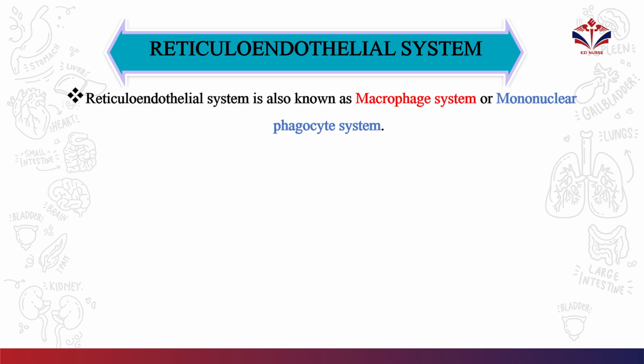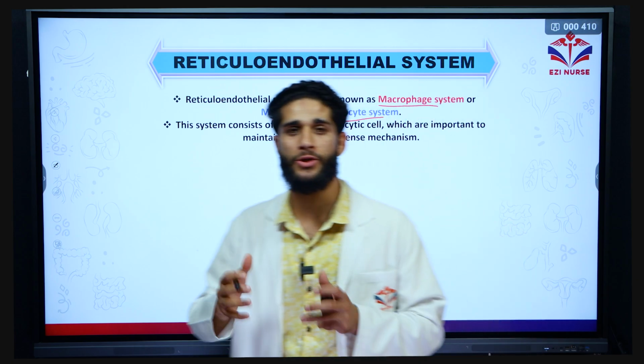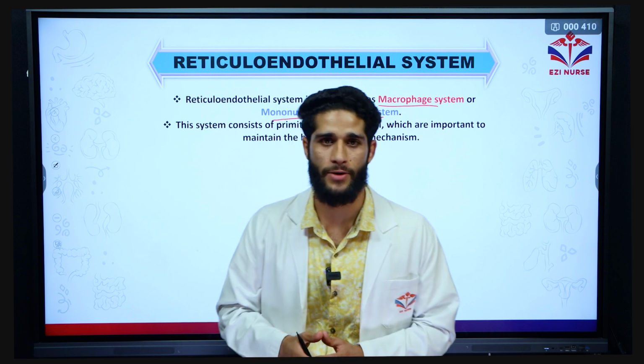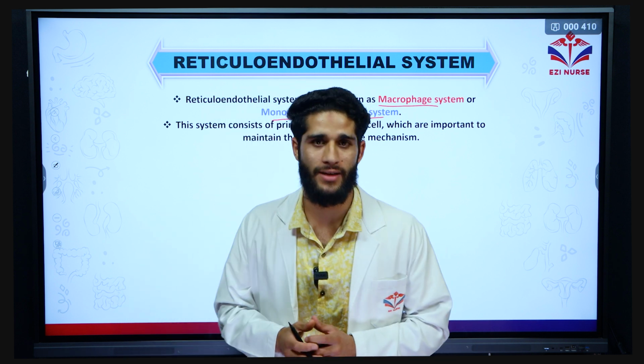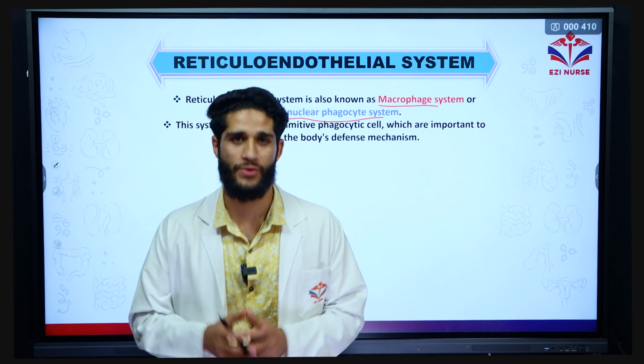So it's also referred to as the macrophage system of the body because of the action of macrophages, and it's also referred to as an integral part of the phagocytic system. It's also referred to as the mononuclear phagocytic system because of its important role in the process of phagocytosis. The main role that the RES, the reticuloendothelial system, takes is phagocytosis.